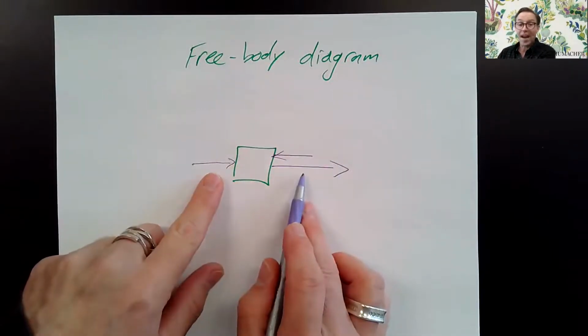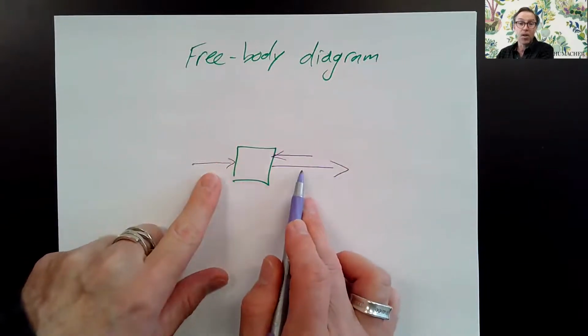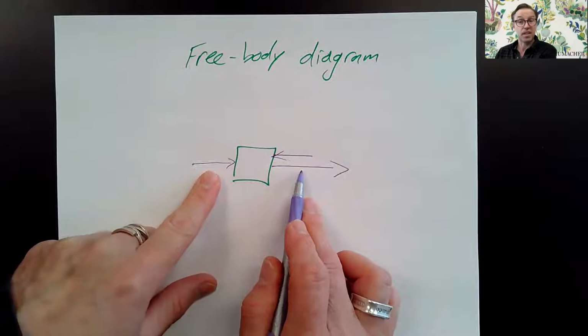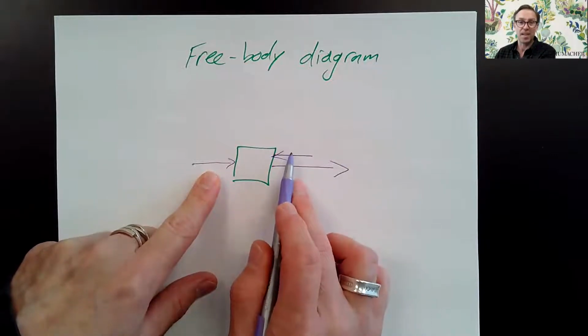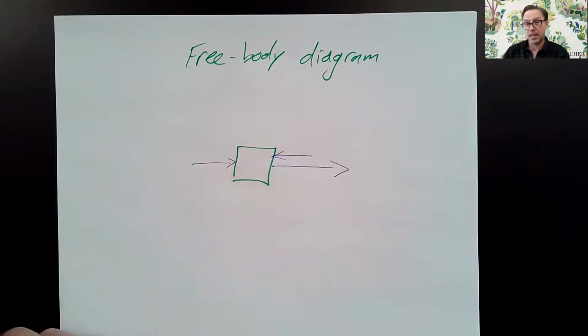And it doesn't matter where I place the arrow, what matters is that the arrow points to the right. So these two arrows would both be positive, and then this arrow would be a negative force. So it's not where the arrow is placed, it's what direction the arrow points. All right, and so those arrows are there.